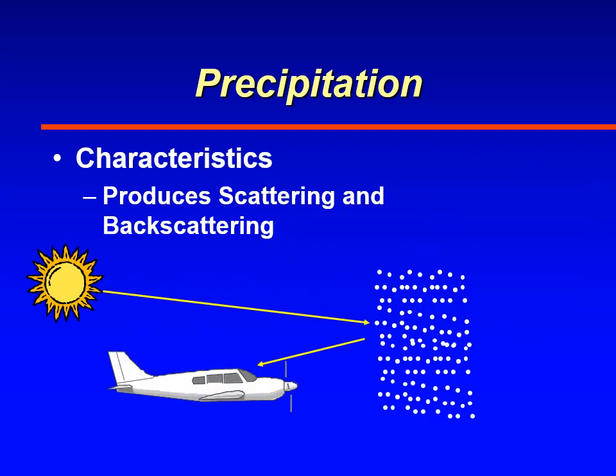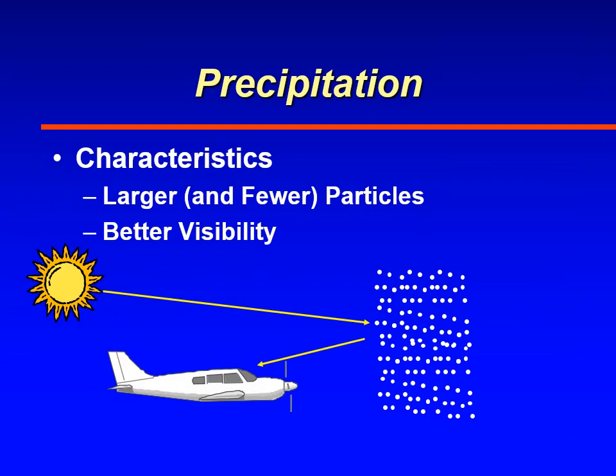And of course, you have better visibility with precipitation than you do with dust and rain and fog. And the reason precipitation gives you better visibility is because the particles are bigger. And there's fewer of them also.